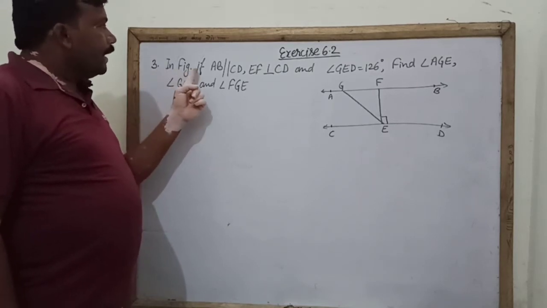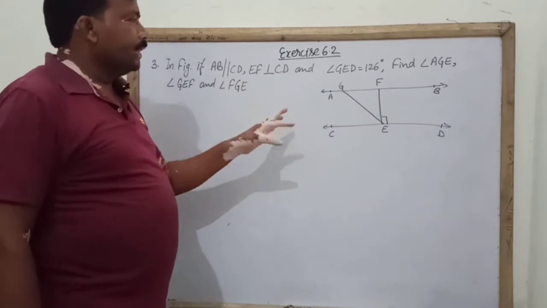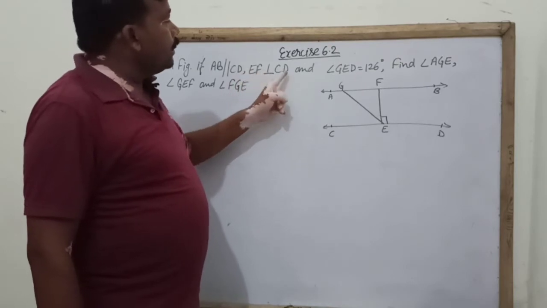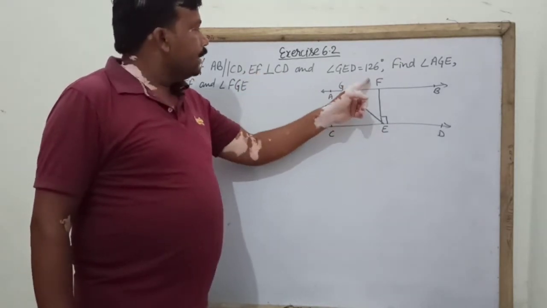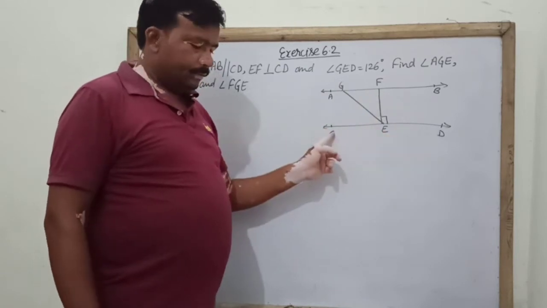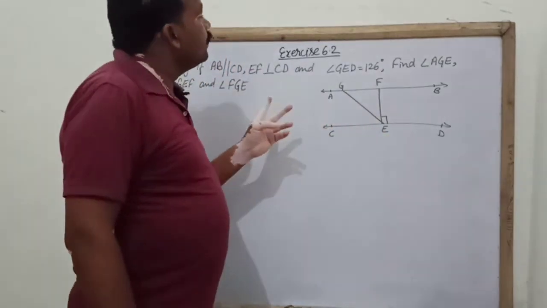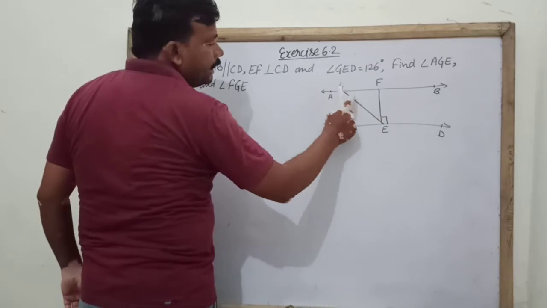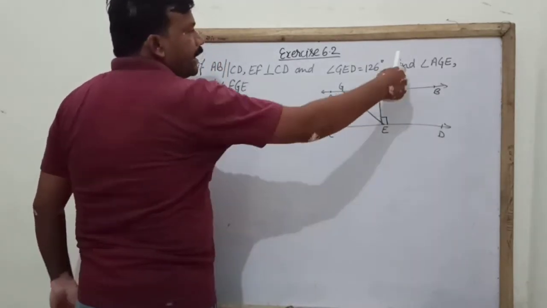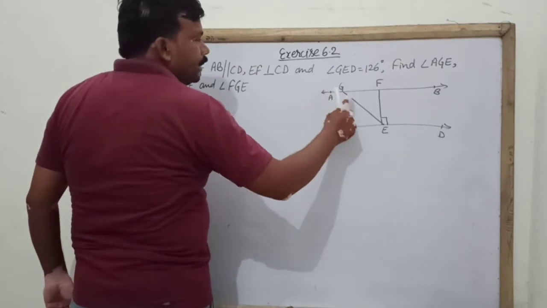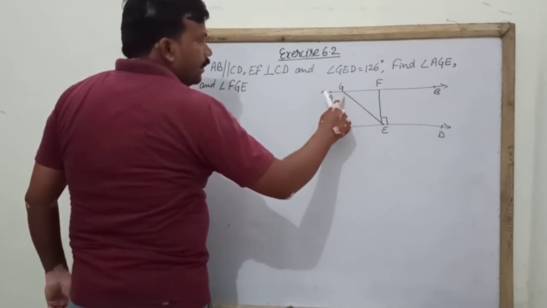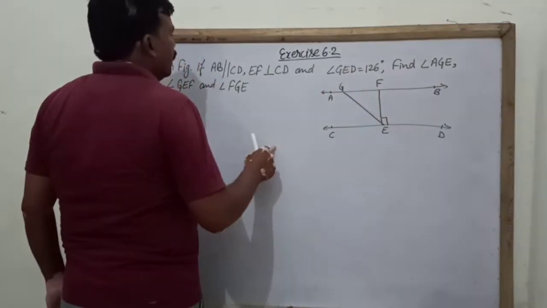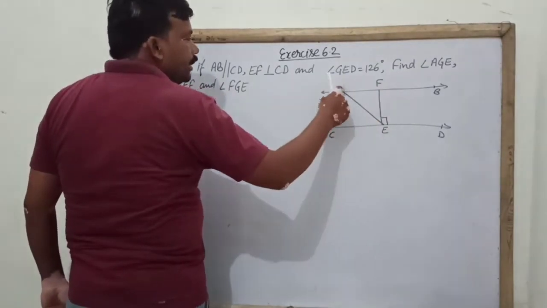In the figure, if AB is parallel to CD, EF is perpendicular to CD, and angle GED equals 126 degrees, find angle AGE, this angle, and angle GEF, this angle, and angle FGE, this angle.